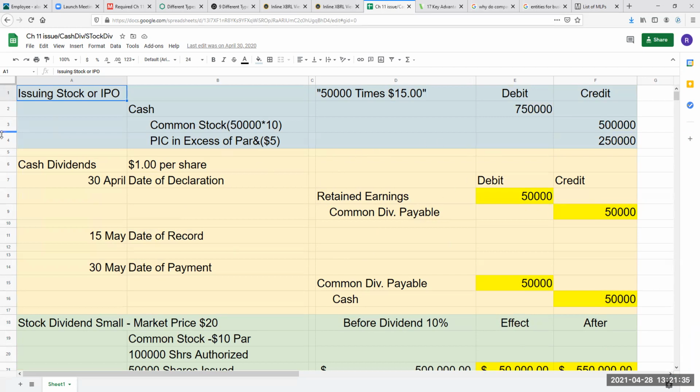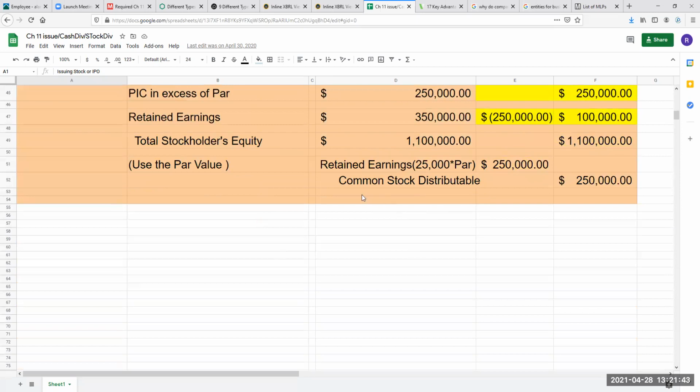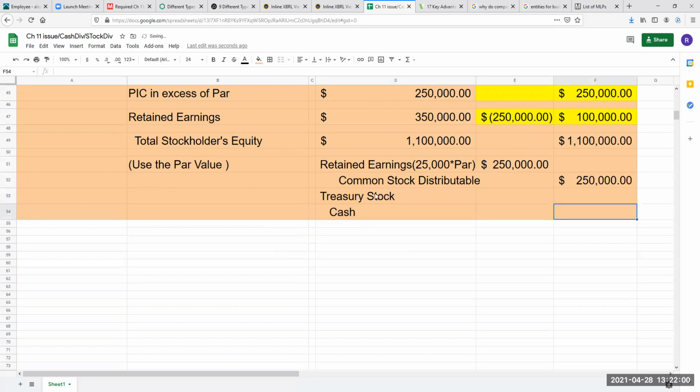Well, treasury stock, you are debiting treasury stock and cash is credited. I'm just trying to show you the journal entry. See, so when it buys something back, it's using cash. The company is using its cash to buy back its stock.